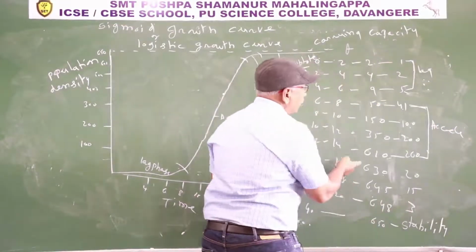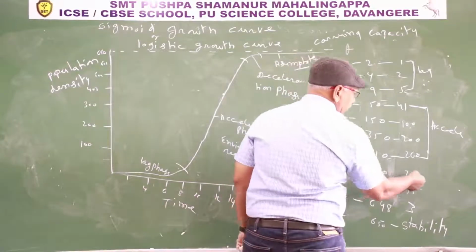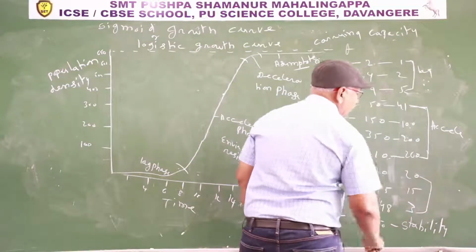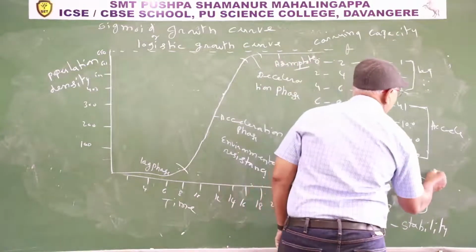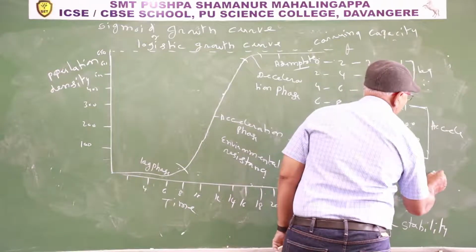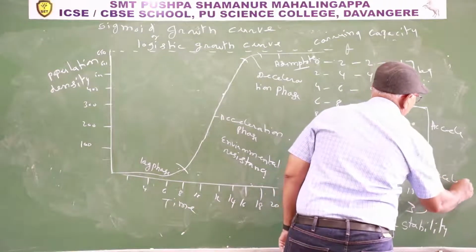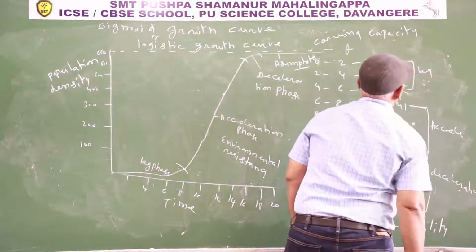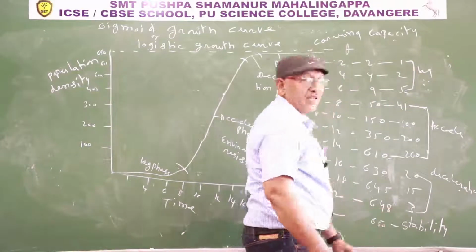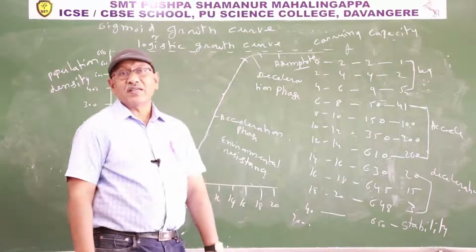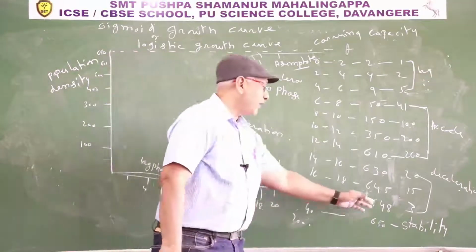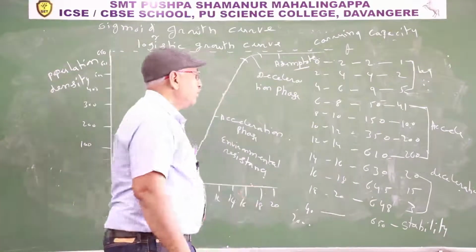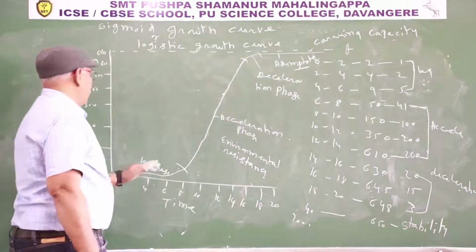Next, 610 becomes 630, then 20, 15, 3. That means the growth rate is slow; it is known as the deceleration phase. And finally, neither an increasing nor a decreasing state.